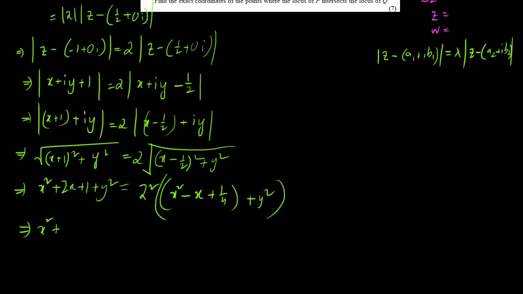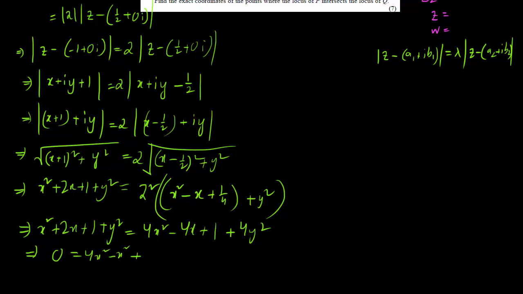So x squared plus 2x plus 1 plus y squared equals 4x squared minus 4x plus 1 plus 4y squared. If we bring all the x squared and y squared to the other side, this turns out to be 0 equals 4x squared minus x squared plus 4y squared minus y squared. Then minus 4x minus 2x is minus 6x, and minus 1 plus 1 is going to be 0.